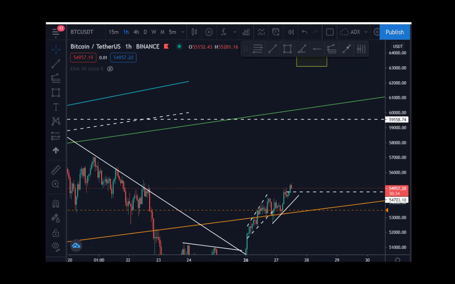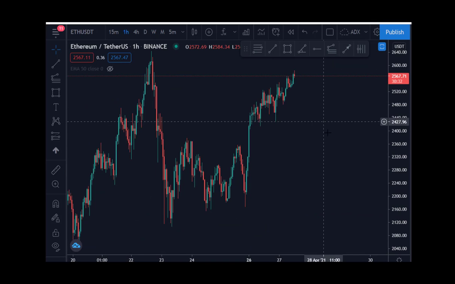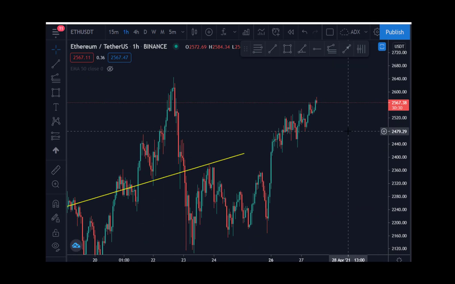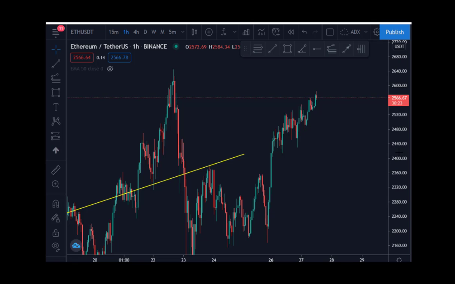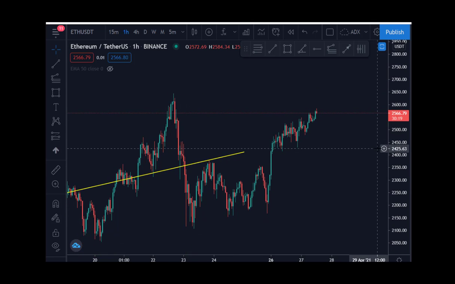Also, if you take a look at Ethereum, as we said, I think Ethereum is playing out following Bitcoin. Yesterday I told you guys to watch, because of what I told you about the leading diagonal: most times it can be confusing because you think it's coming down, but it's not.